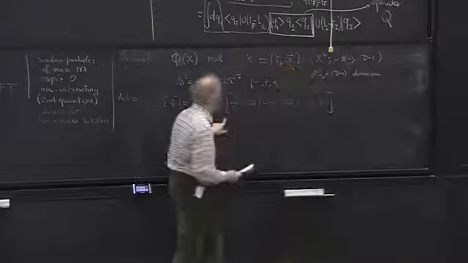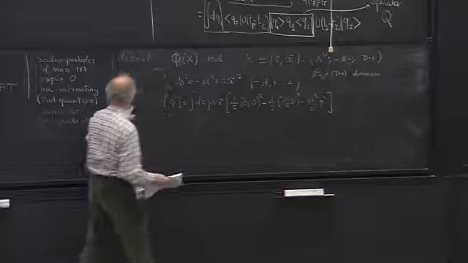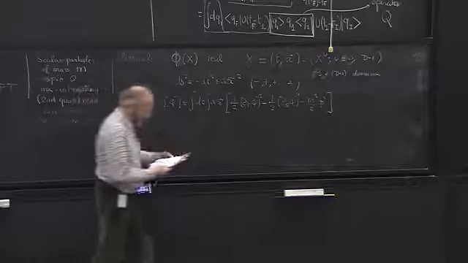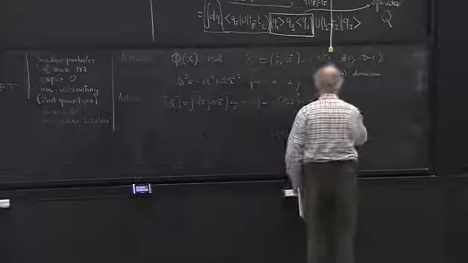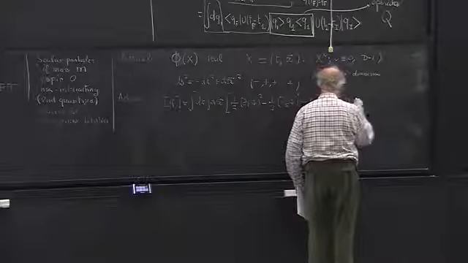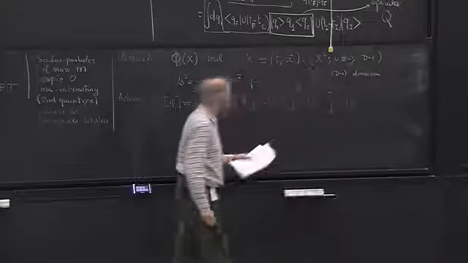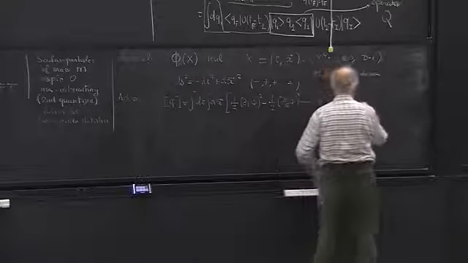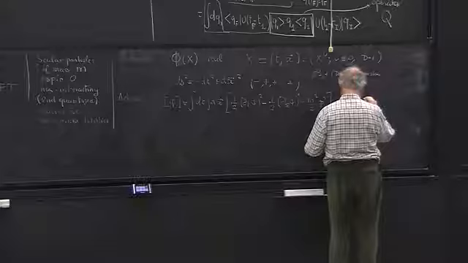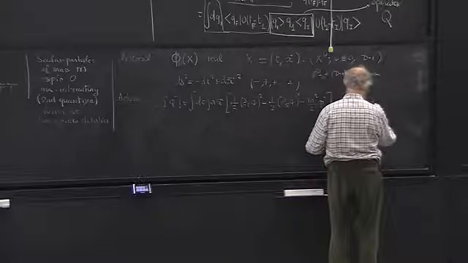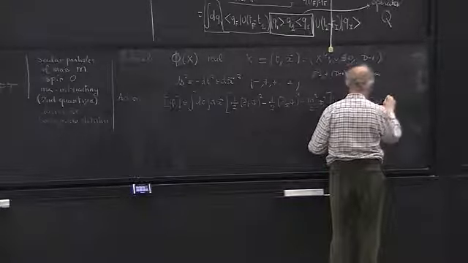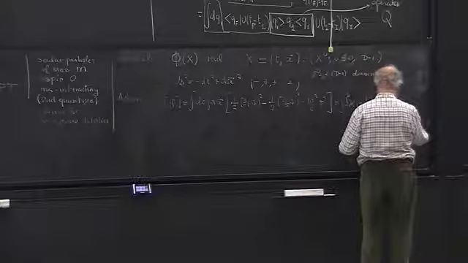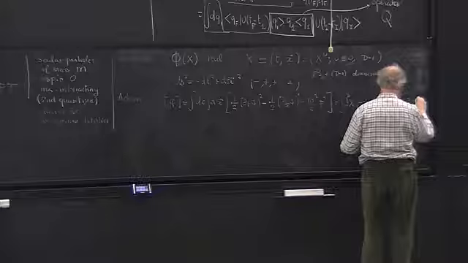So this is the Lagrangian density, and this is the classical action for the scalar free field. And we can rewrite this in covariant notation as an integral over d^d x of minus 1/2 d mu phi d mu phi minus 1/2 m squared phi squared.